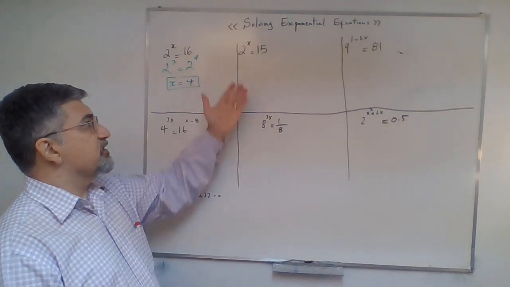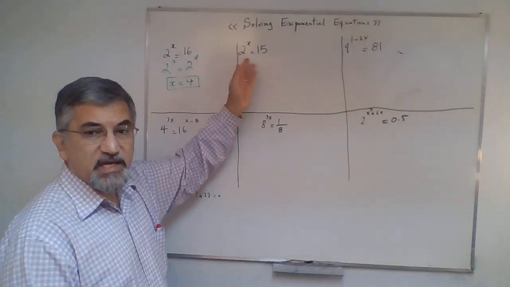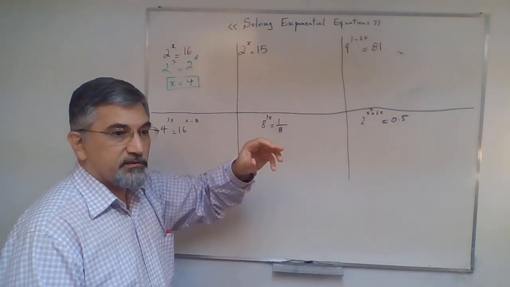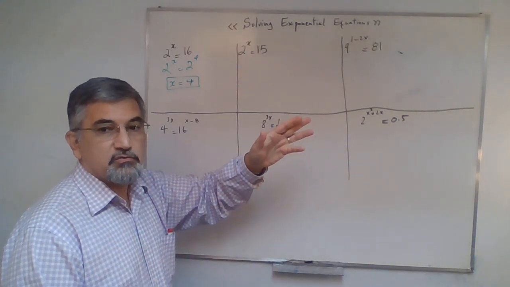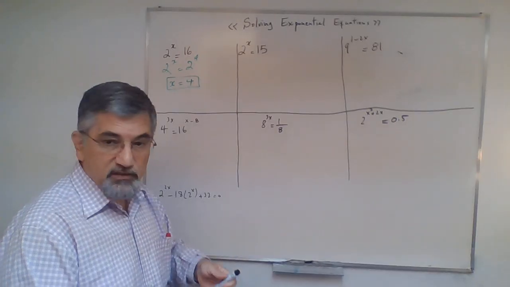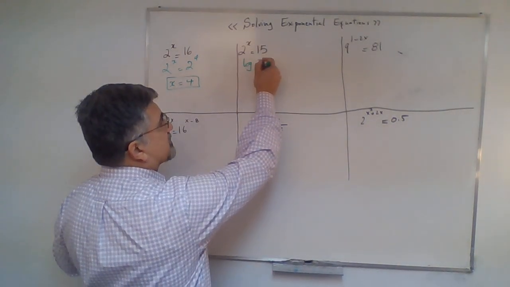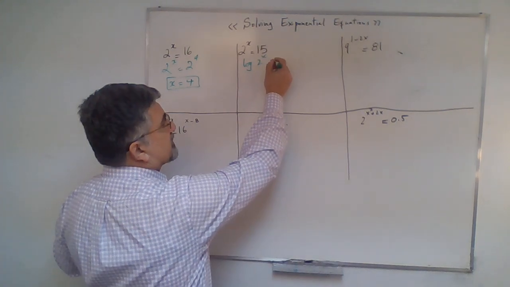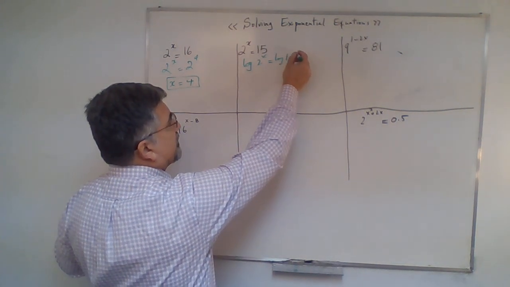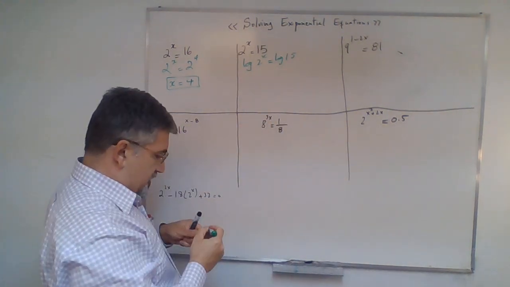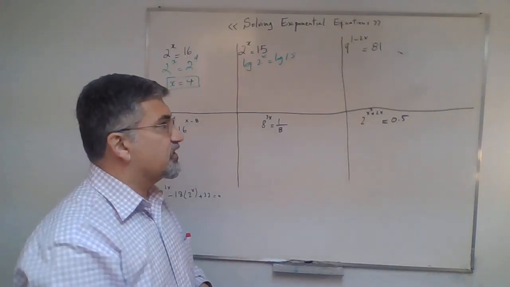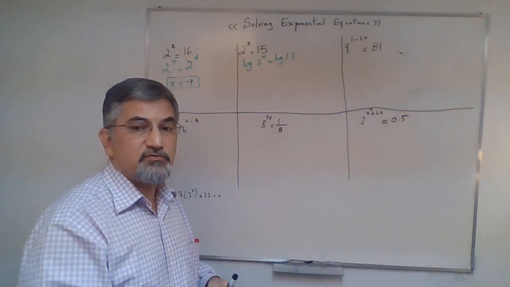We're going to say if, generally speaking, a equals b, then logarithm of a should also equal logarithm of b. And this was actually one of the laws. So we can take the logarithm of both sides, log of 2 to the x equals log of 15, okay? And in fact, we can take the logarithm of both sides with any arbitrary base we feel like.